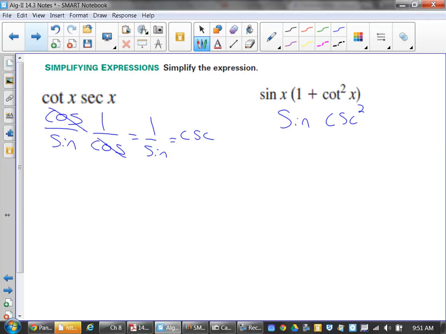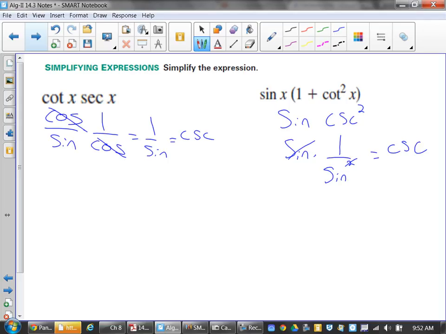So this is the same as saying sine times 1 over sine squared. One of these sines drops out, right? And so then 1 over sine is cosecant.